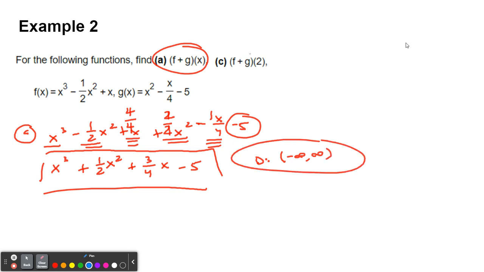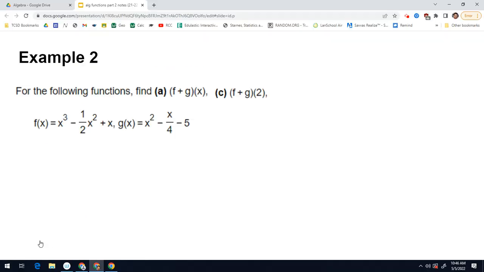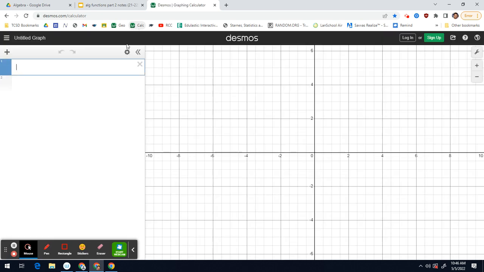And now we want to evaluate that function when x is 2. So now we're going to take our x value and replace it with 2 each time. So we have 2 cubed plus 1/2 times 2 squared plus 3/4 times 2 minus 5. And again, just type this in Desmos all at once, and I'm going to do it for you. Again, don't overcomplicate things.